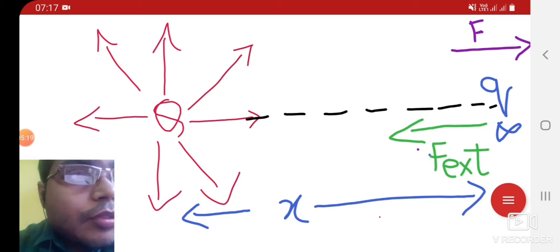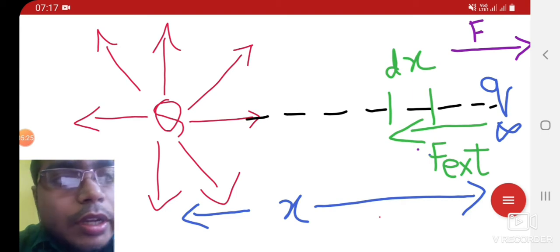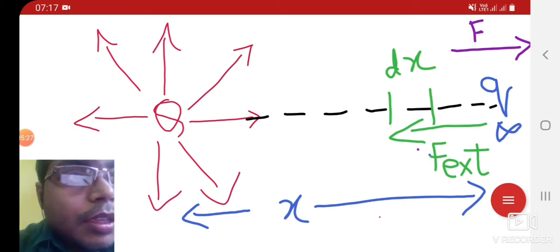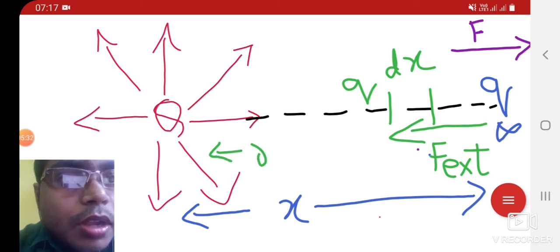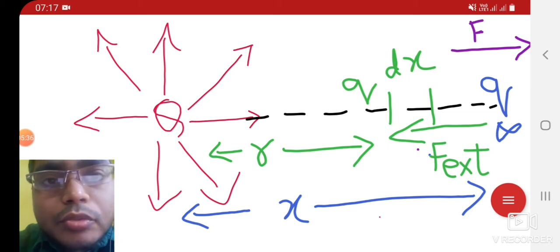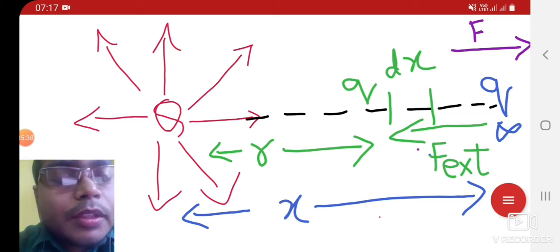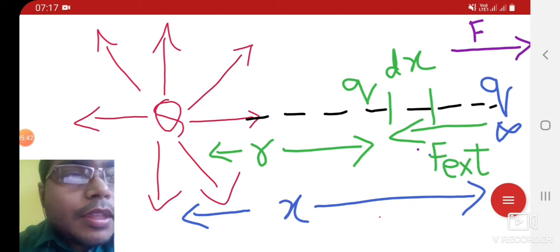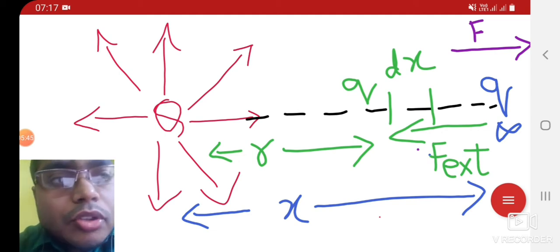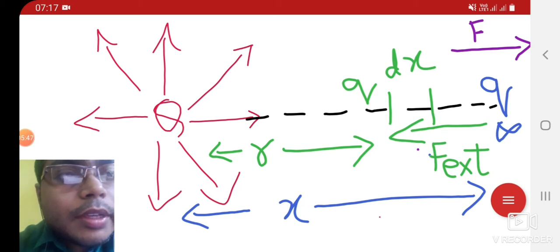So let us take a very small displacement dx, right? And we want to bring the charge small q to a distance small r. This is our final distance. At this distance r, we want to bring the small charge q. We have taken a very small displacement dx, and you can see that the direction of the external force and the dx are in the same direction.